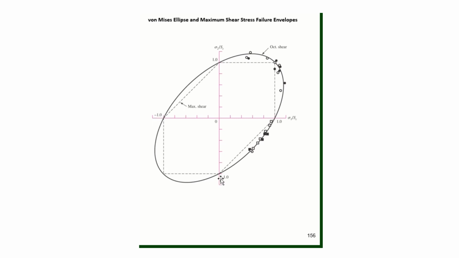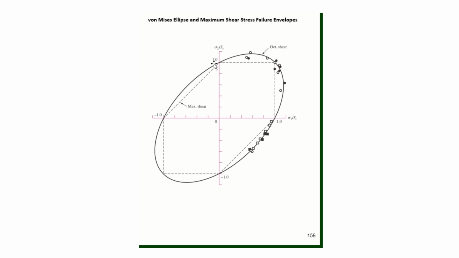And you can see how good of a fit this von Mises ellipse gets with experimental data. Right here, the experimental data pretty well straddle the von Mises ellipse line, and also through here, the experimental data pretty well straddle the von Mises ellipse line.